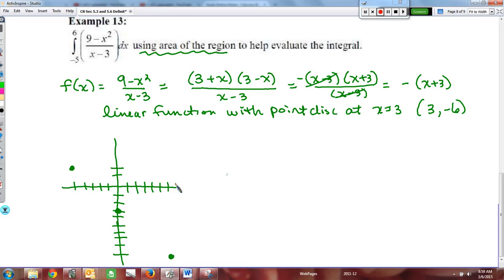All right, and then we have this hole at 3, negative 6. And so this is essentially the portion of the graph where I'm trying to find the area, well, the accumulated area between the function and the x-axis.